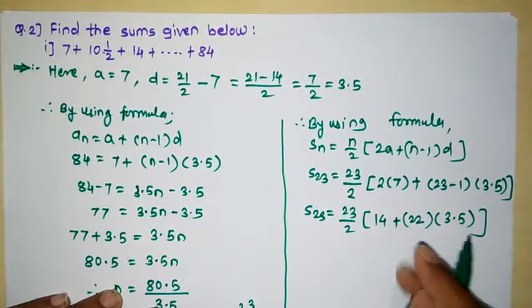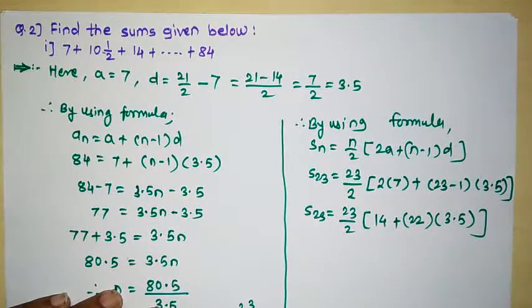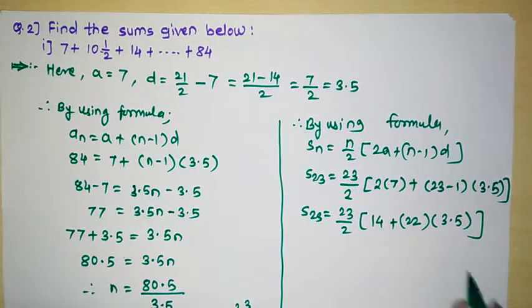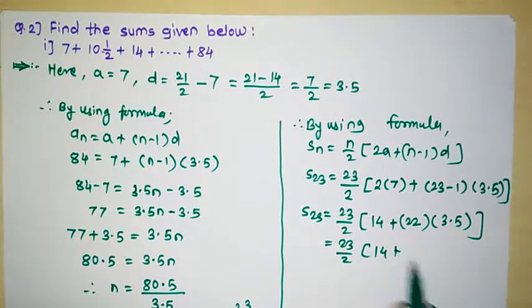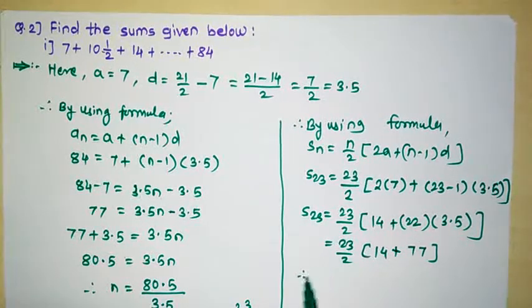Now we have to calculate 22 into 3.5, how much? 22 into 3.5 is equal to 77. Therefore, Sn is equal to 14 plus 77, which is equal to 91.